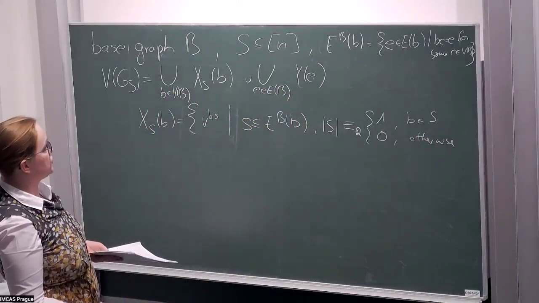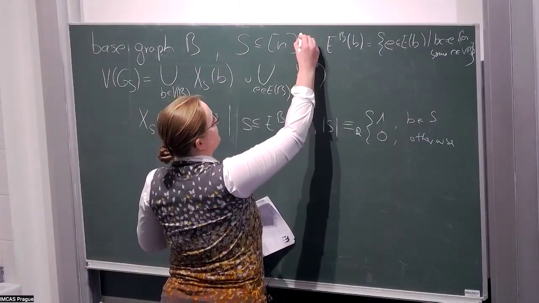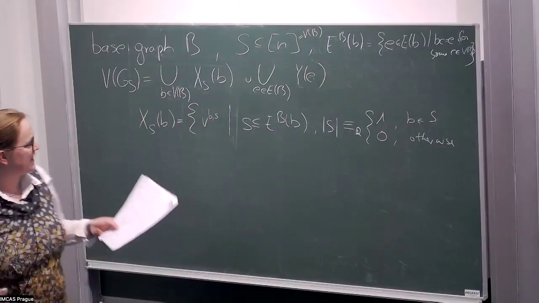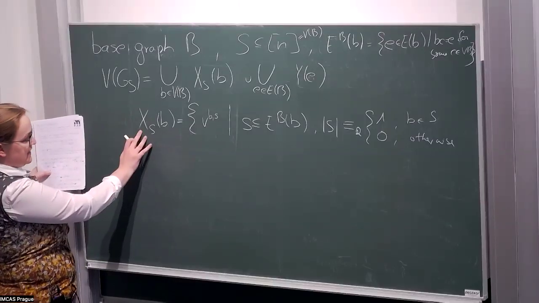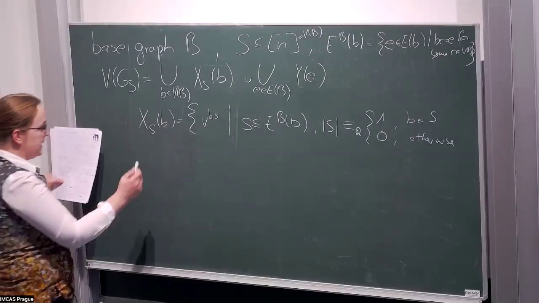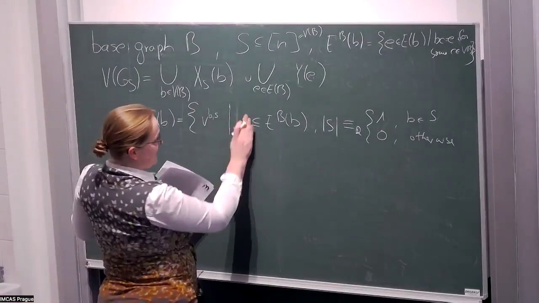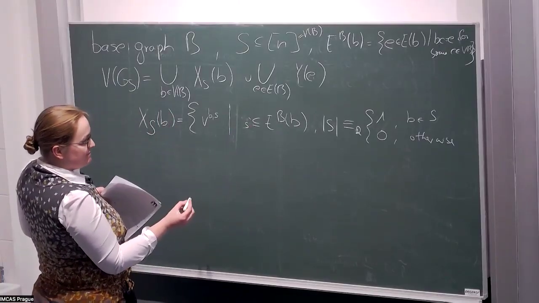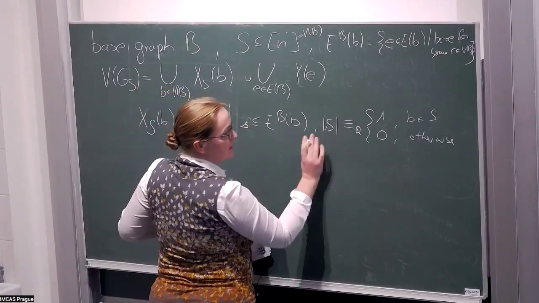This is the point where I should have at some point said that this and this here is actually the vertex set of B. That would have helped, right? Okay, so this is what XS of B is, and very important, this is a large S, and this is a very small s. Like this. Okay.